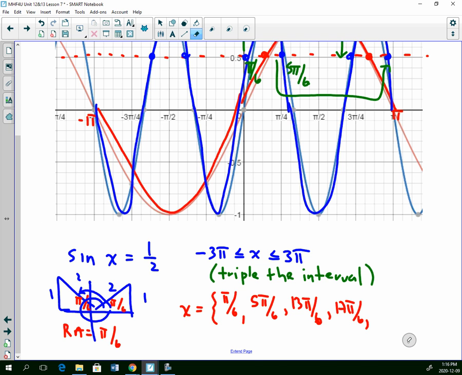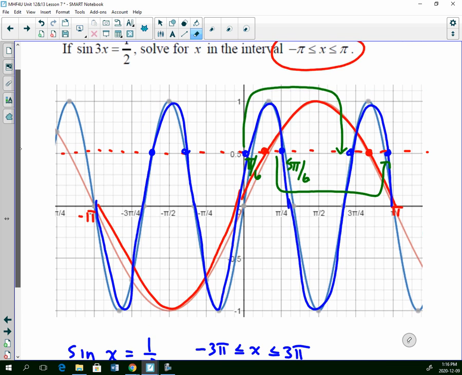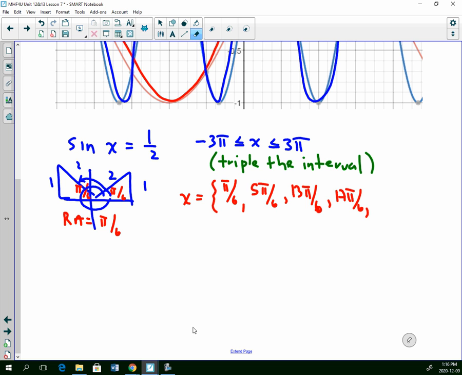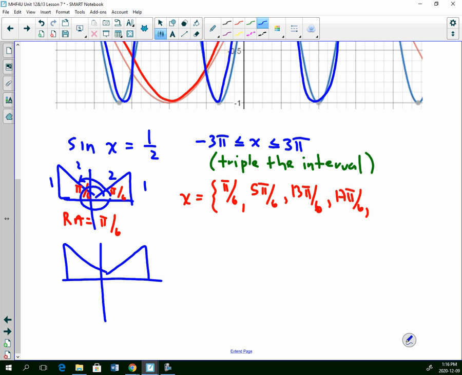We also want to go to negative 3 pi. Well, first of all, when I go to the left, I see there's only 2 answers. And why is that? Well, that's because there are no solutions on the bottom. I'll just draw it again. So now we're going in the negative direction. So this is pi over 6, and this is 5 pi over 6. So going in the negative direction, we have one answer here.